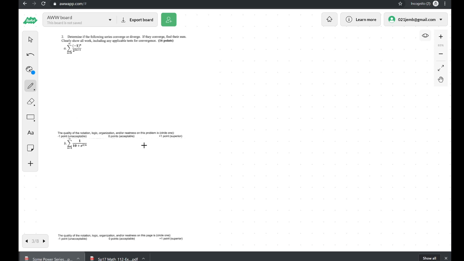So for this sum, we have the sum from n equals 0 to infinity of (-1)^n divided by 2^(2n+1), and we want to see if it converges or diverges. So we can do some manipulation in here.